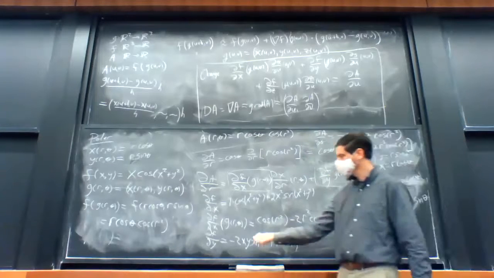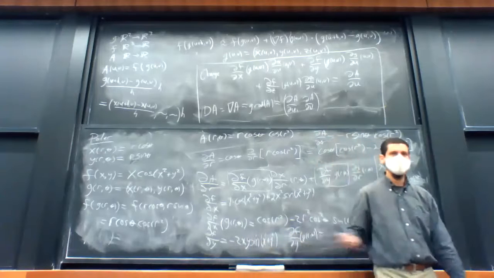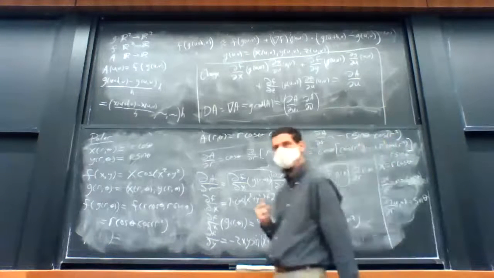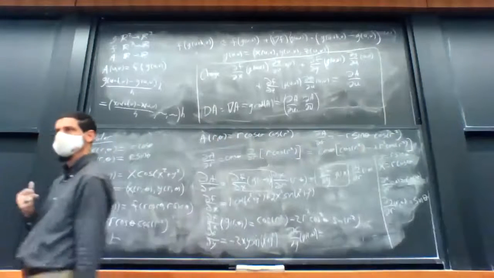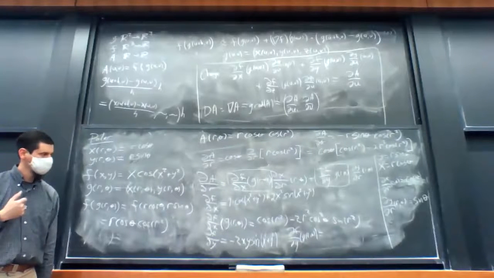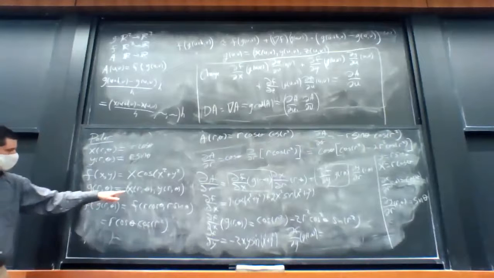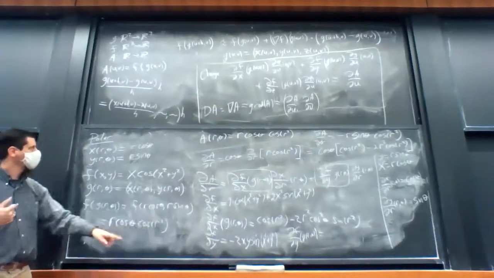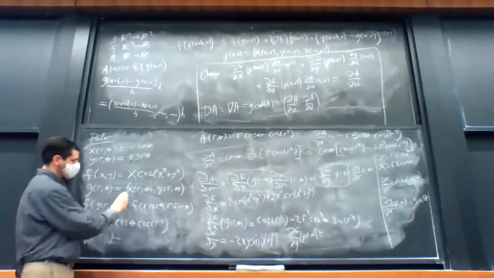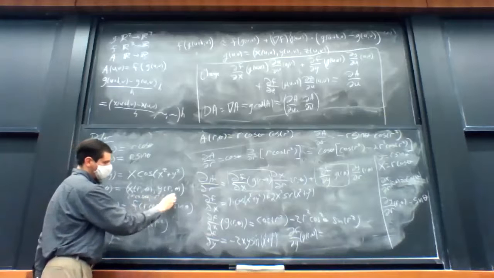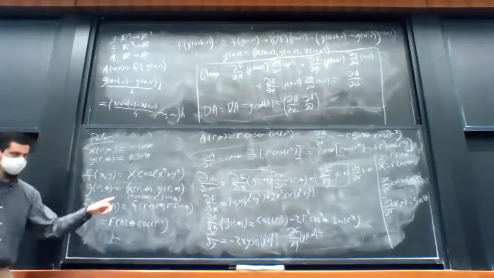So what's xy going to be at the point r cosine theta, r sine theta? We're evaluating it at x(r, theta), y(r, theta). So this is just the point r cosine theta, r sine theta.